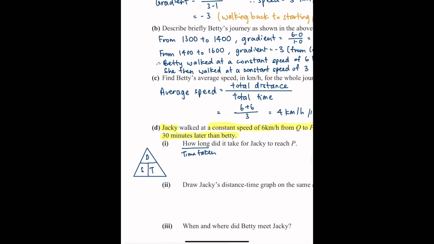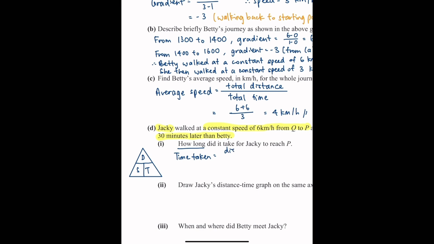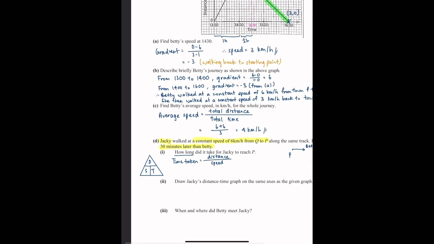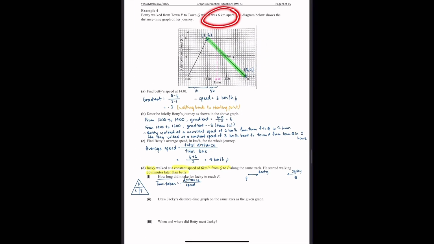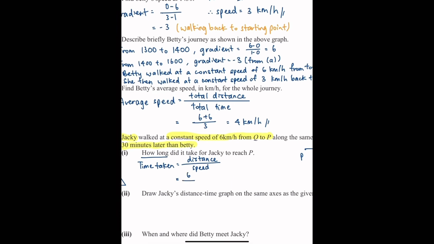Take note, to find the time taken is distance divided by speed, D over S. Time taken equals distance over speed. The speed of Jackie is given. Distance we also know, because the question has given P and Q are 6 km apart. So 6 over the speed, which is also 6, and you will get the time of 1 hour.